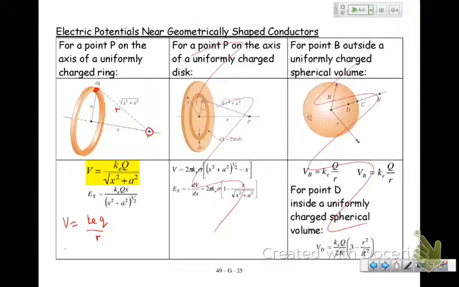So if I say V is equal to the integral of KE dq over R, I simply say, oh, R's a constant, which equals KE over R times the integral of dq. What is the integral of dq? Oh, KE over R big Q.